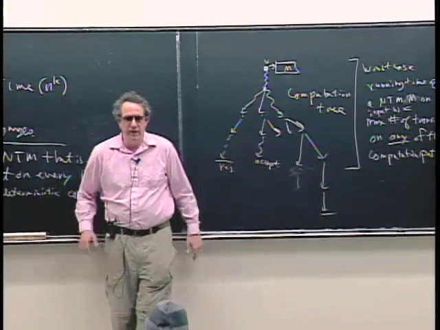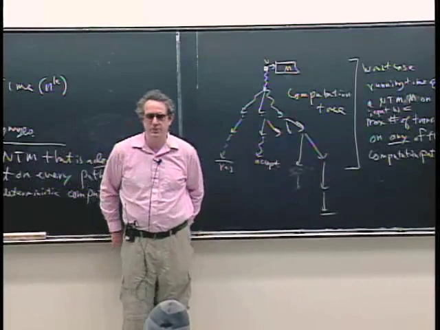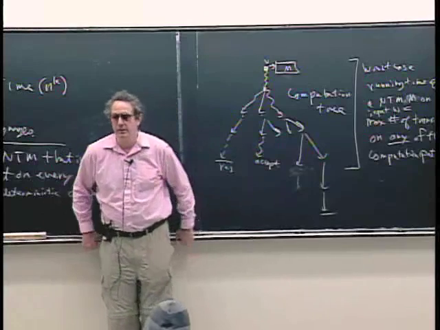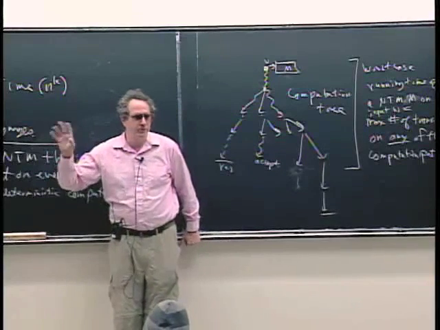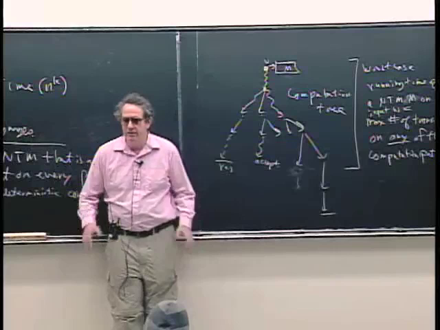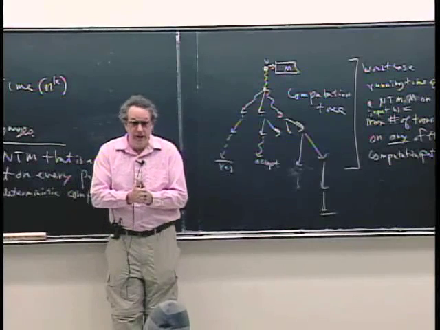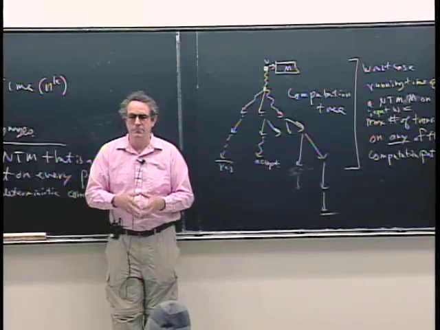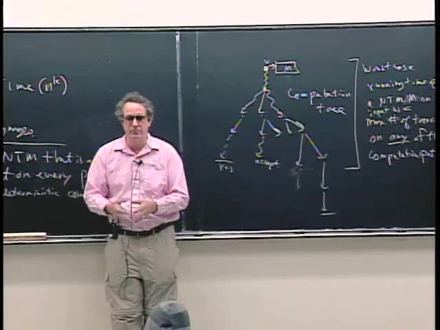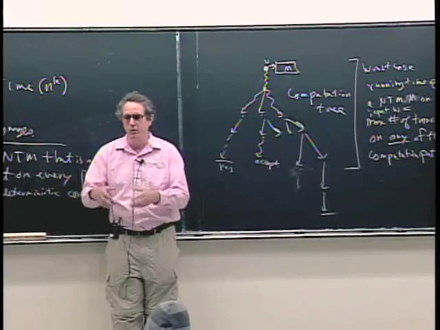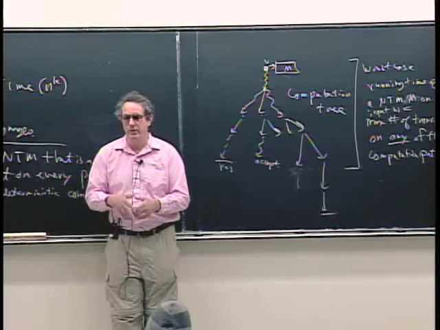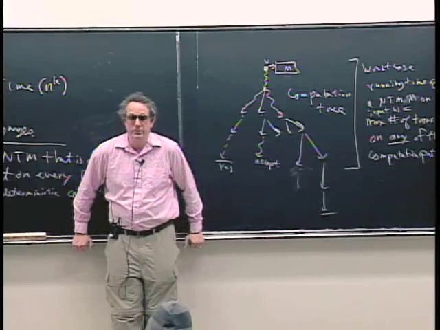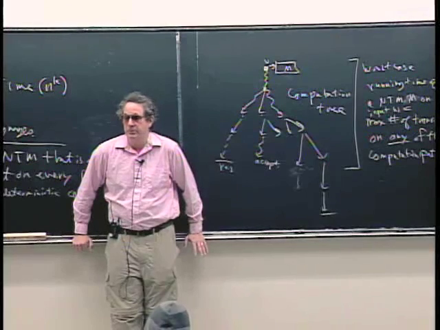And there are vast numbers of problems, languages. In this class we talk about languages, and in 122 we talk about problems. Vast numbers of languages can be decided in polynomial time by a non-deterministic Turing machine, but we don't know a deterministic Turing machine that can decide that language in time bounded by a polynomial function of the input size.